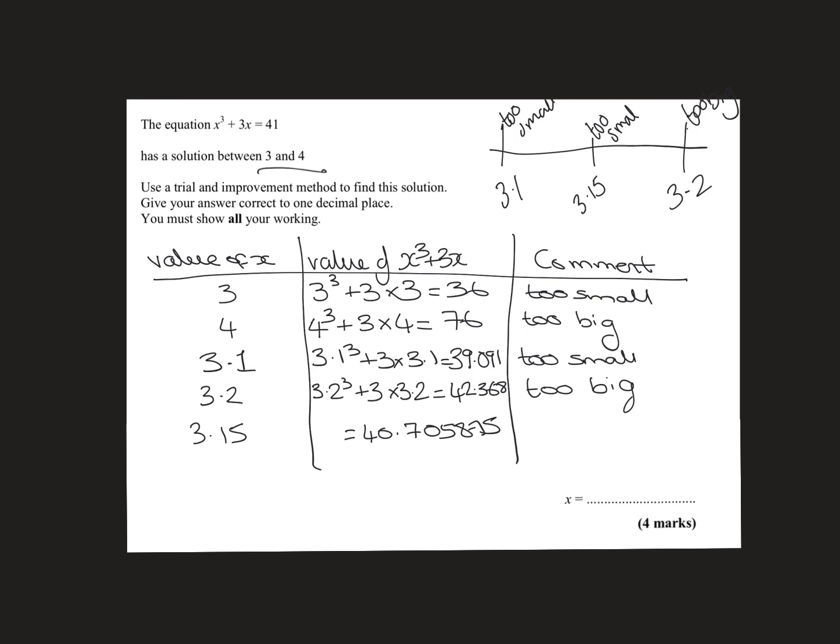So I know that it is between these two numbers here. So that means it must be closer to 3.2. So as I had thought, it is 3.2. So my answer is 3.2 to 1 decimal place.